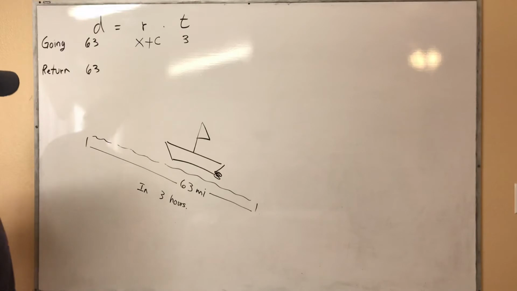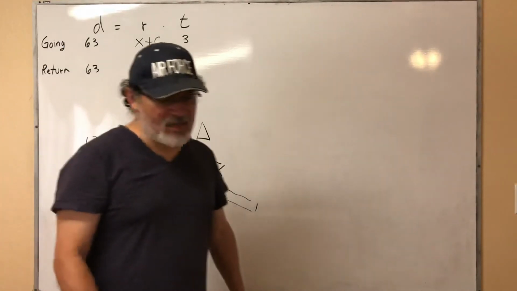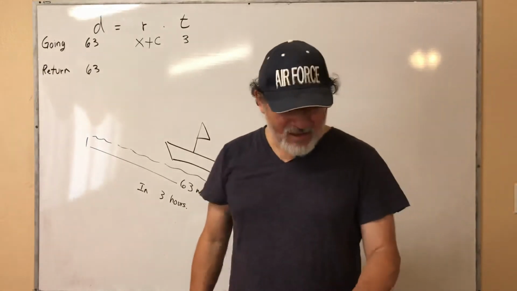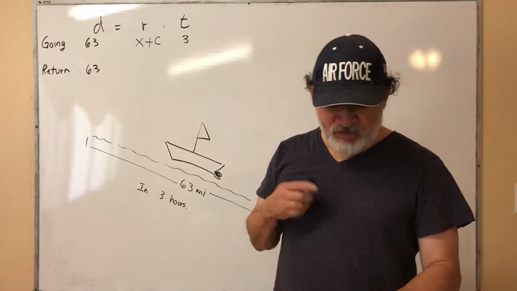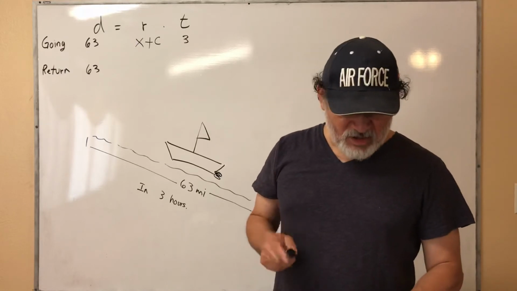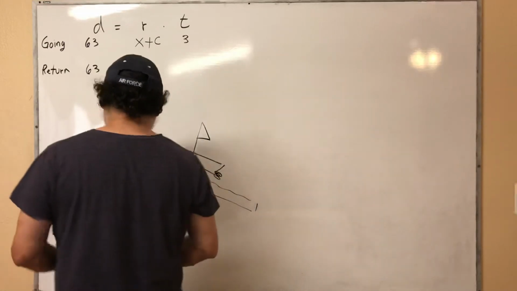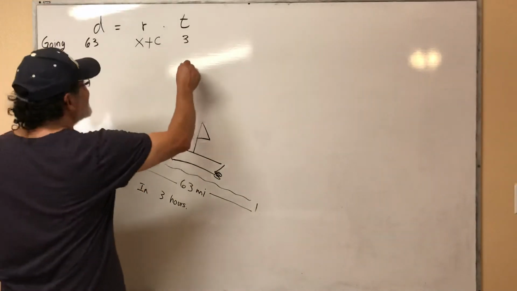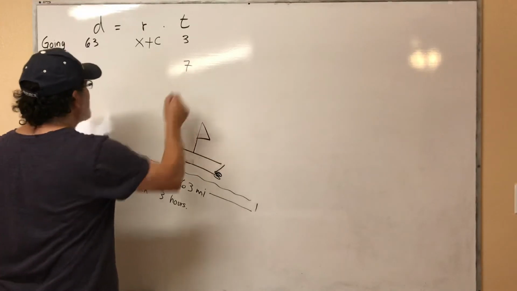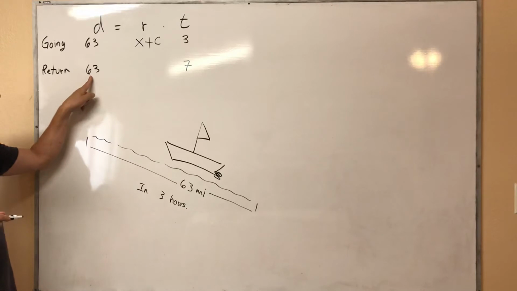And so now it's going back up. Let's see what it says. A boat travels 63 miles downstream in 3 hours. The return trip took 7 hours. On the return trip, it took 7 hours for the same distance.